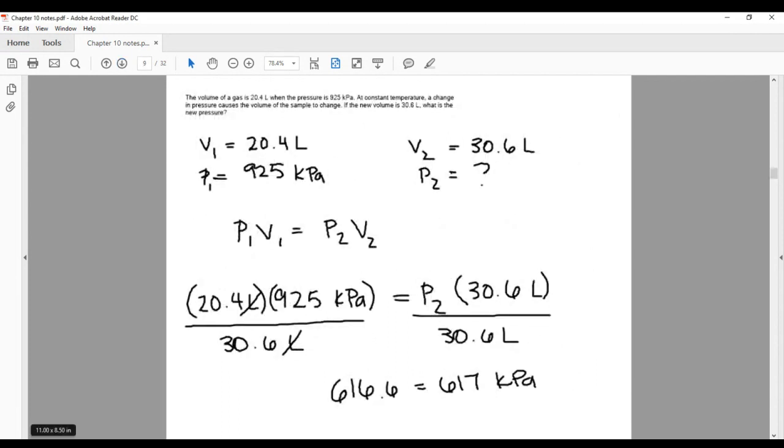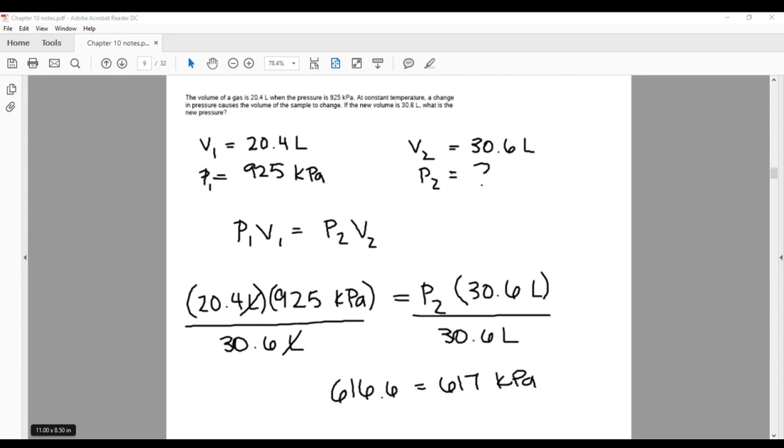So here's our question. The volume of a gas is 20.4 liters when the pressure is 925 kilopascals. At constant temperature, a change in pressure causes the volume of the sample to change. If the new volume is 30.6 liters, what is the new pressure?